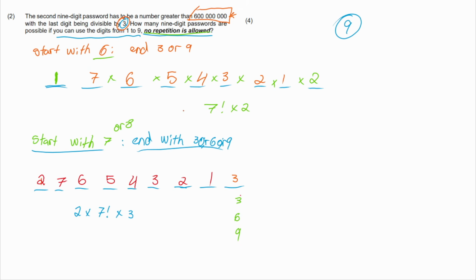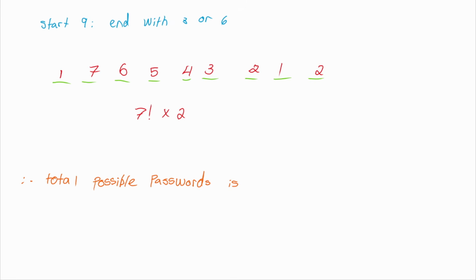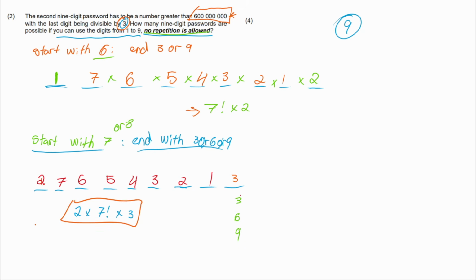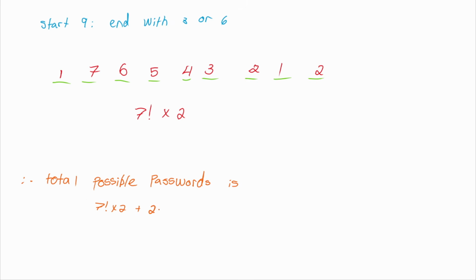It's going to be 7 factorial times 2 plus what we got here, plus 2 times 7 factorial times 3, plus this last one that we did on this page, 7 factorial times 2 plus 7 factorial times 2.